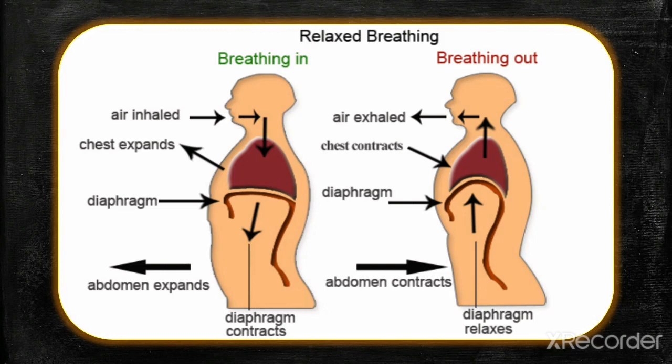As the diaphragm contracts, it provides more space for the oxygen to come in. Also, the abdomen expands during the process of breathing in. The opposite happens in case of breathing out. When the air is exhaled out from the body, the chest gets contracted, the diaphragm relaxes and the abdomen contracts to exhale out the maximum amount of carbon dioxide from the body.